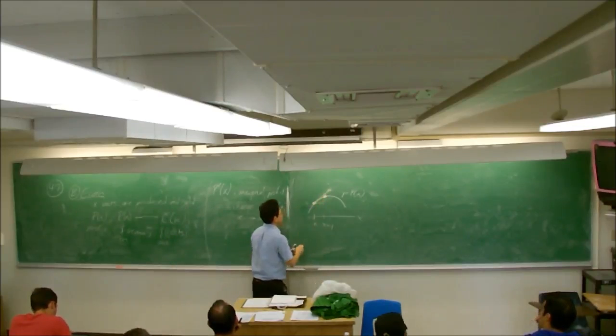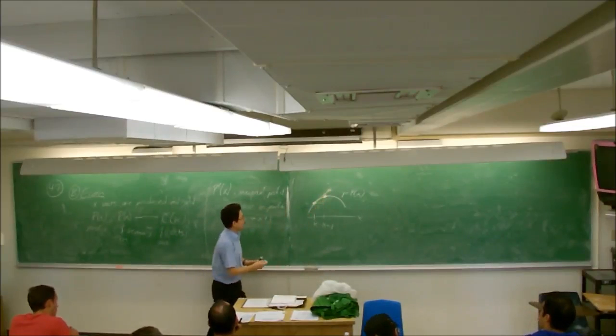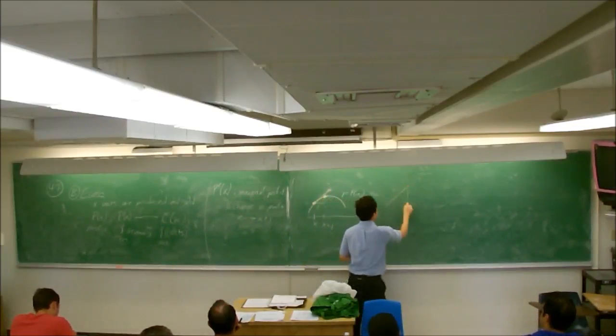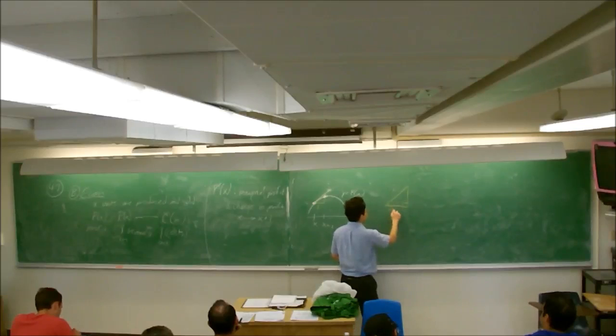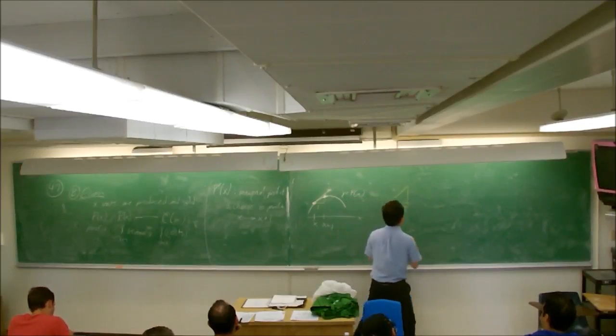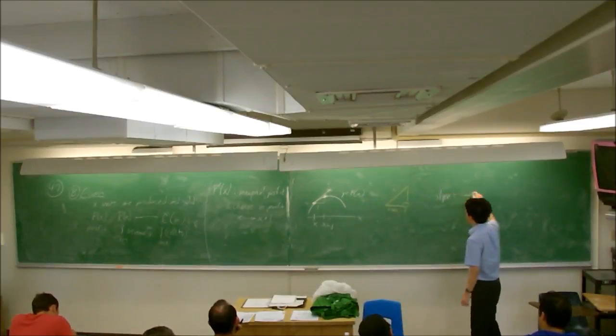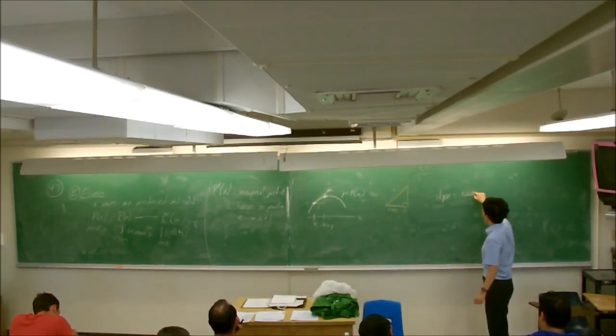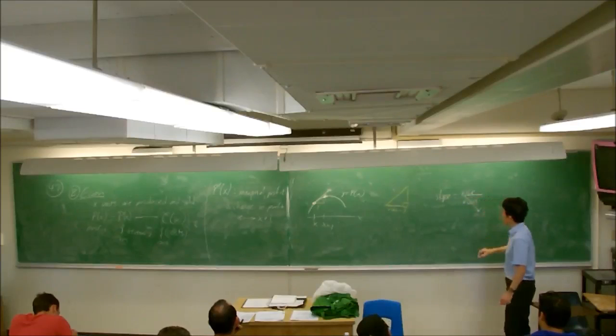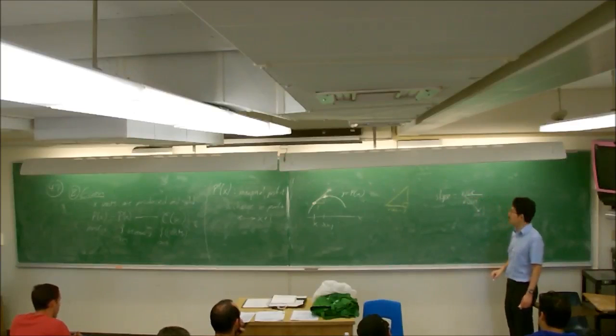Remember this picture? The run is 1. Now, slope is what? Rise over run. But if run is 1, then slope is rise. Basically, the slope indicates the marginal change.